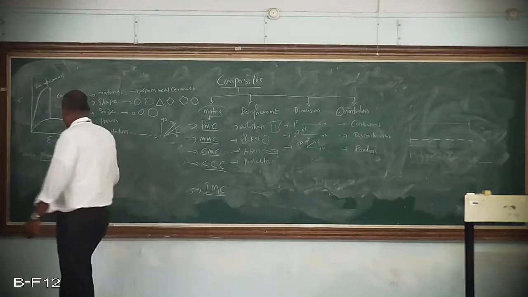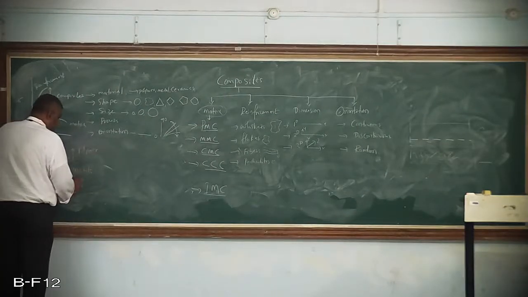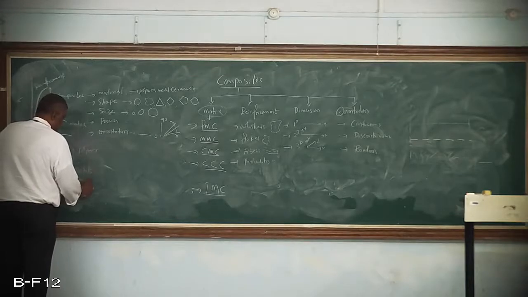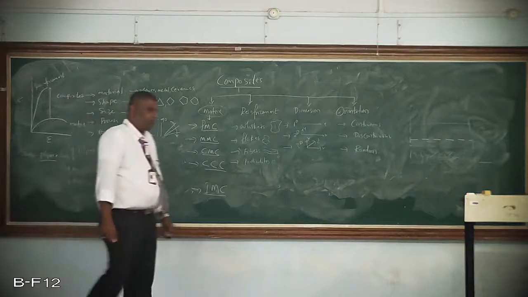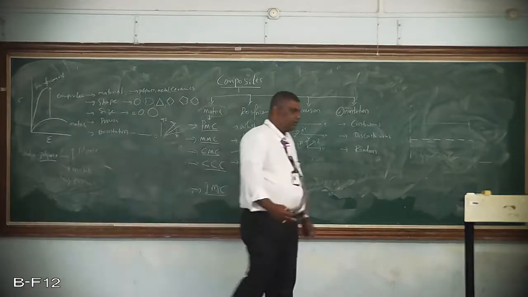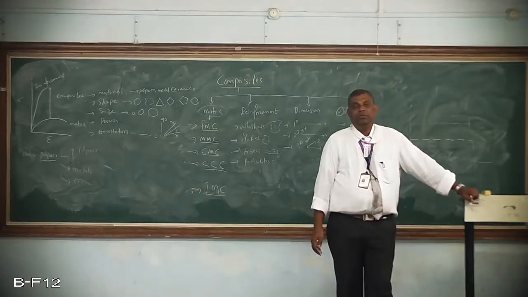Then if I want to increase the strength further, I can go for ceramics. By adding a small amount of ceramics to the polymer, I can further increase the strength of the polymer.